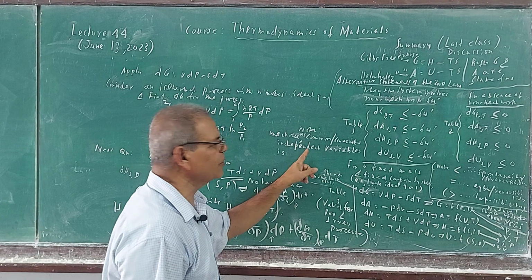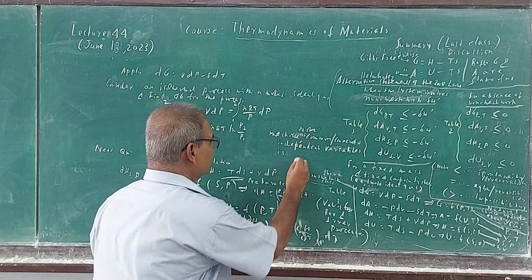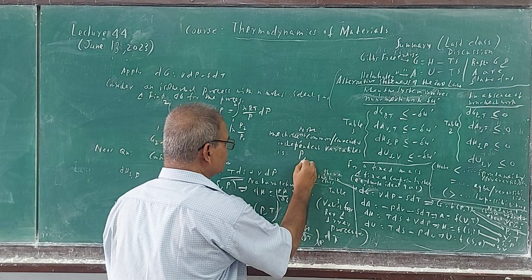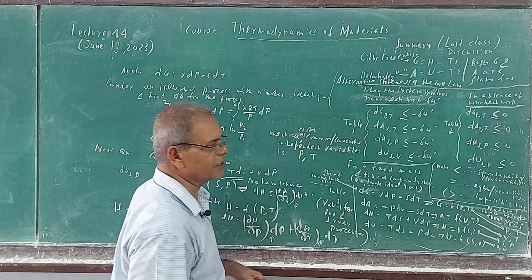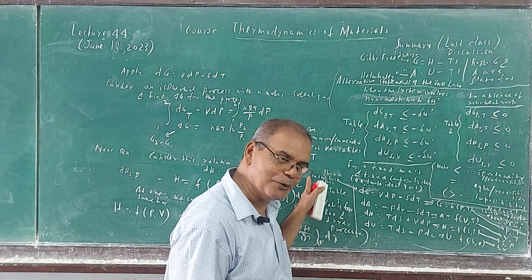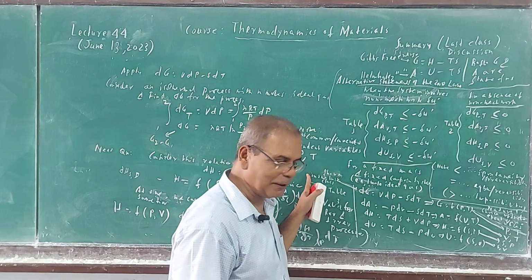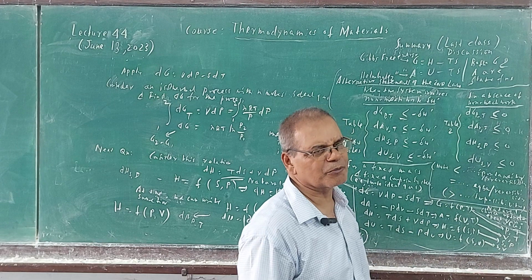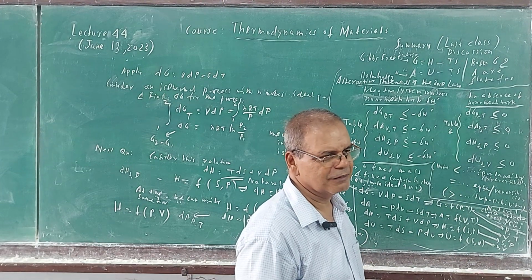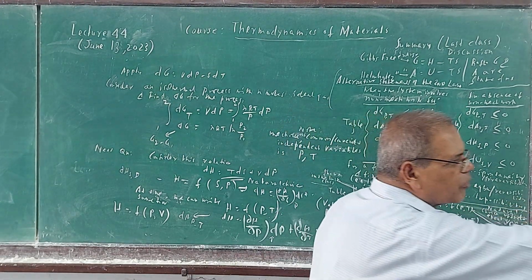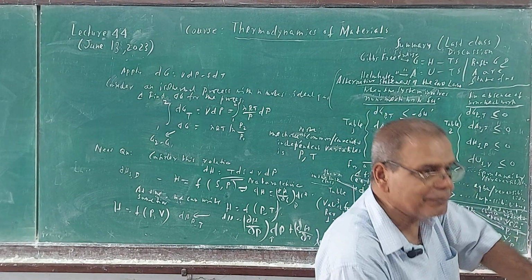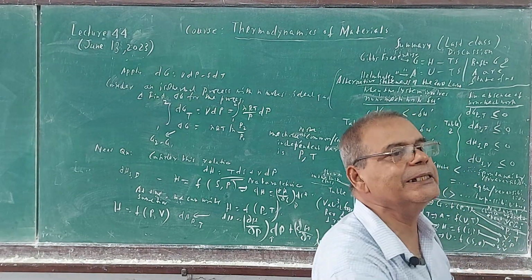So what is the most common choice? The common choice is the pressure-temperature combination. We will use pressure and temperature for practical purposes. Fixing entropy is impractical. Who will fix entropy? Entropy is good as a dependent variable, it is itself dependent, but temperature is independent.